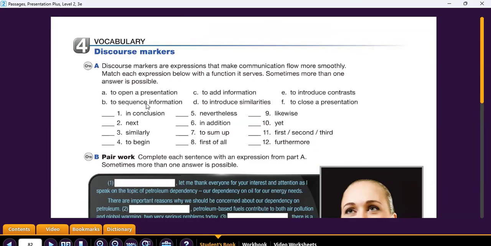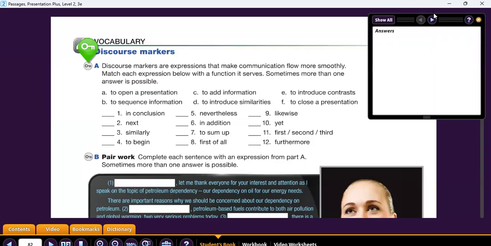One, in conclusion, F, to close a presentation. Exactly. Next, to sequence information. Similarly, to introduce similarities.